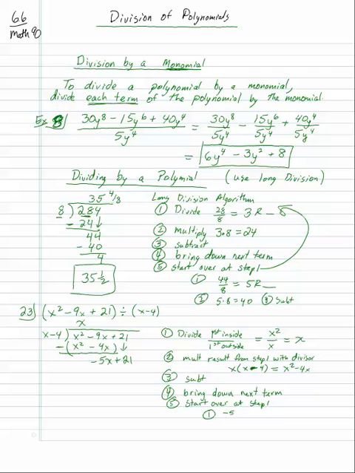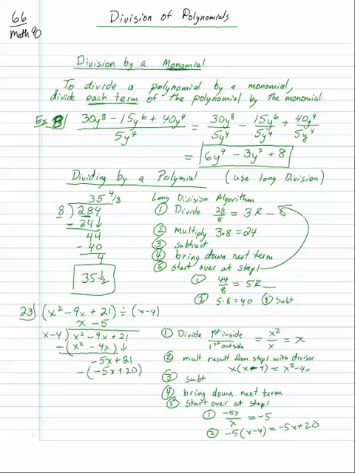First term inside divided by the first term outside. Write it down, write it above. Multiply negative 5 times the divisor. Write it down here, so get negative 5x plus 20.